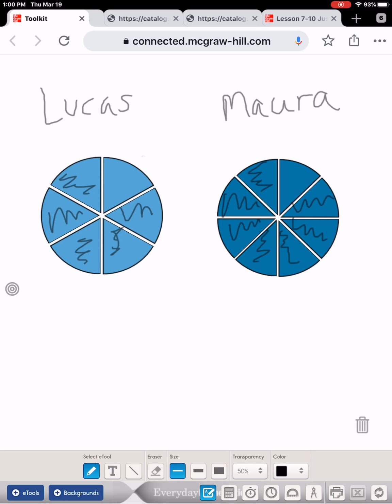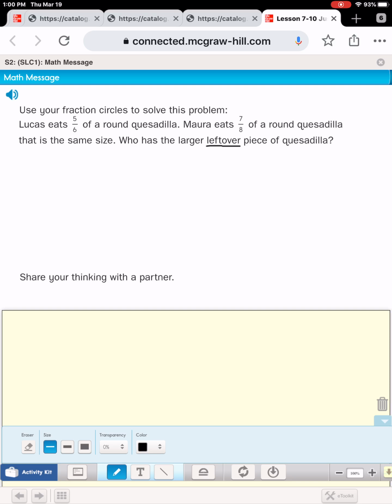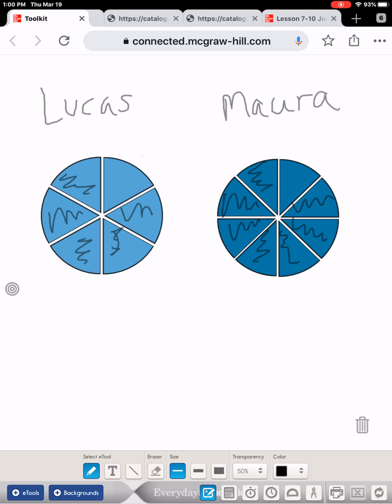When you compare Lucas's leftover piece to Mara's leftover piece, who has the bigger leftover piece of quesadilla? It is Lucas. So what was left of his quesadilla? 1/6 was left of his quesadilla. 1 right here, out of 6 total.